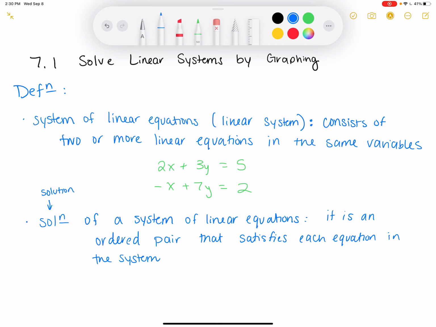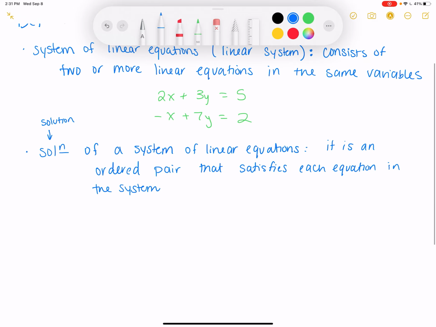Other times I may just say solve the system and you can use whichever method is your favorite. We'll just go ahead and keep doing definitions and then we'll go back and do examples in a little bit.